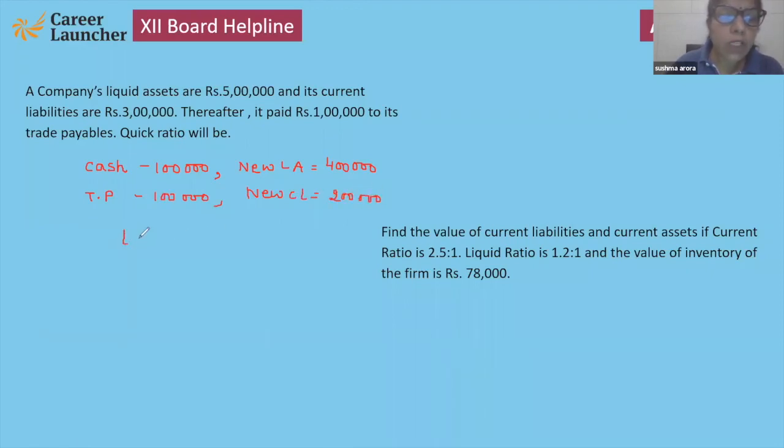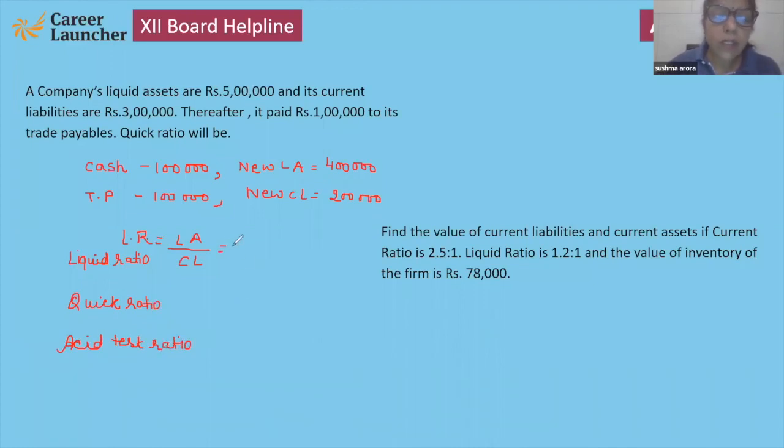Now what is the liquid ratio? Simple formula: liquid asset upon current liabilities. For confusion, they can give you 3 names of liquid ratio. What are the names? Quick ratio, another name is acid test ratio.